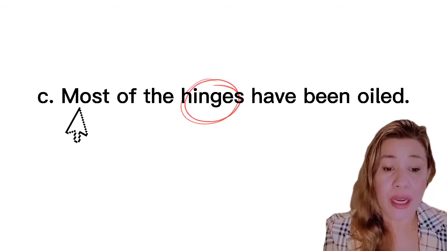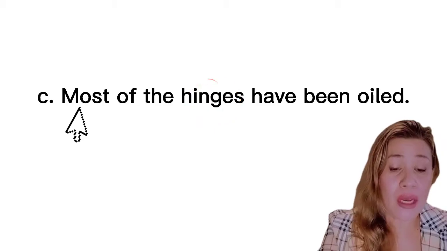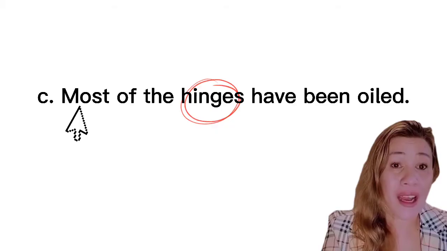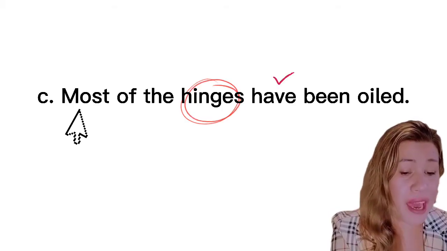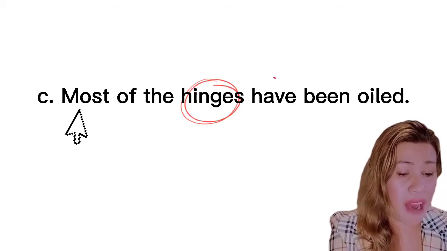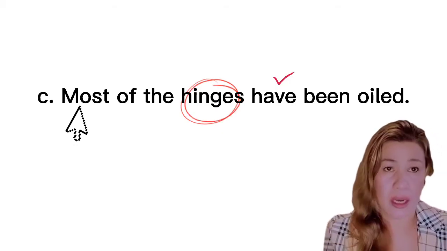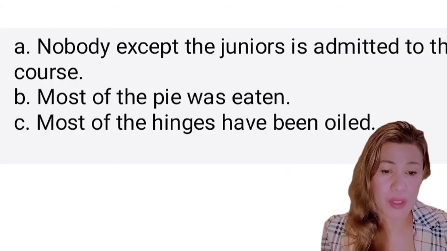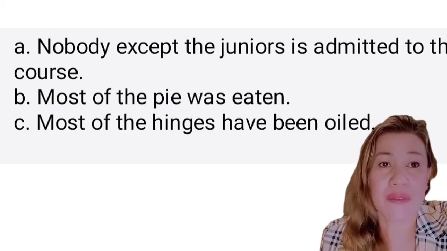And therefore, the plurality of the word hinges will determine what kind of verb we will be using. That's why we have have been oiled, because hinges is plural. So those are the examples for rule number 2 of our SV agreement.